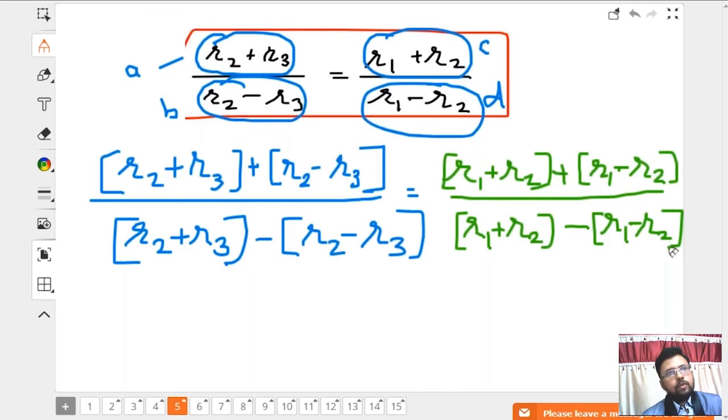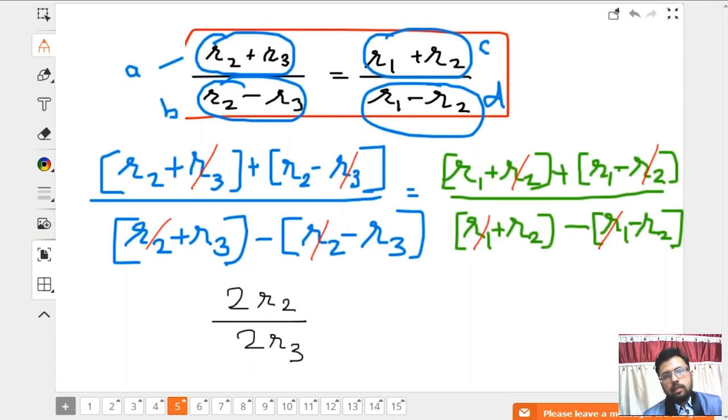So if we simplify, lots of cancellations will occur. R3 will get cancelled here. In this case, R2 and R2 will get cancelled. Here again R2 will get cancelled, and here R1 will get cancelled. So what will we be left with? 2R2 divided by 2R3.